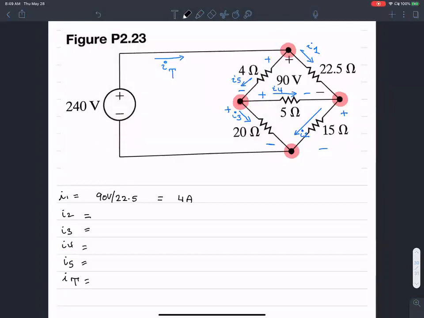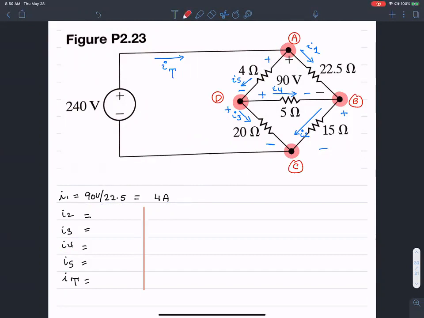Let me name these nodes as node A, then node B, node C, and node D. There is more than one way to do this problem, a bunch of different ways, but I will begin. So this one is 4 amperes.